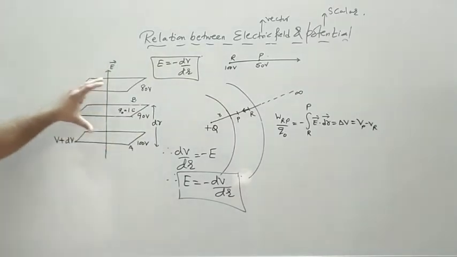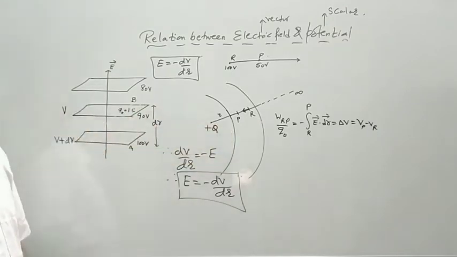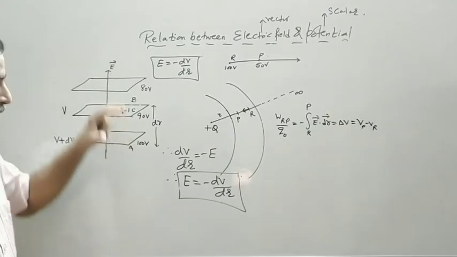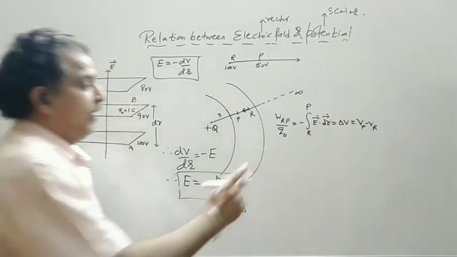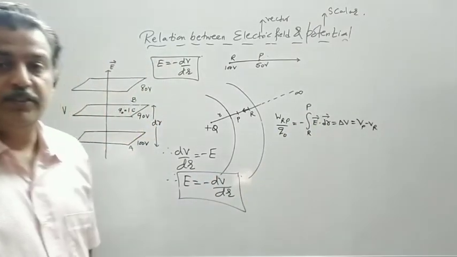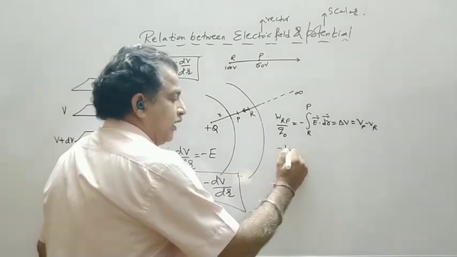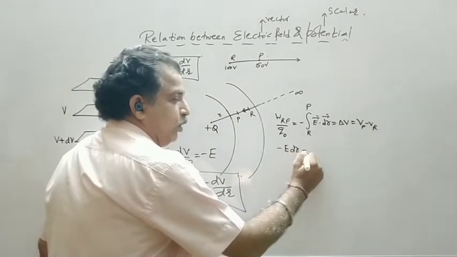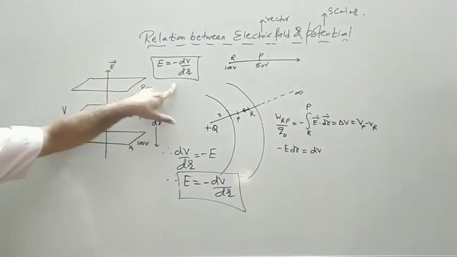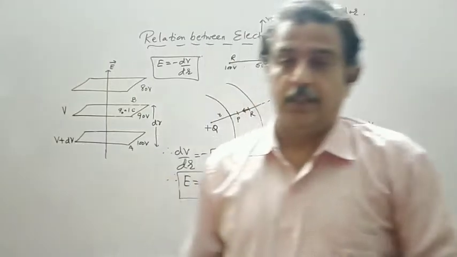Now in the case of these two diagrams, if R and P, or points B and A, are very close to each other, the angle between the opposite of the electric field and dr is 0. And if they are very close to each other, we have simply written E dr cos 0 is equal to dV, and we arrived at this relation. So this is how we came to this relation.